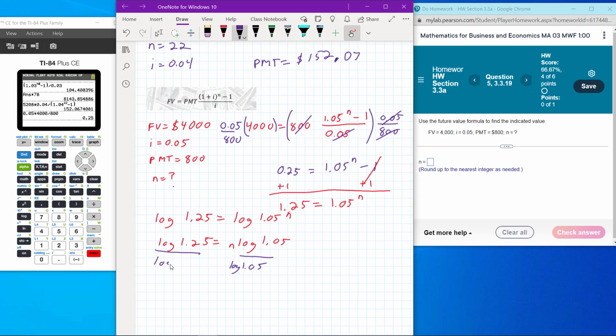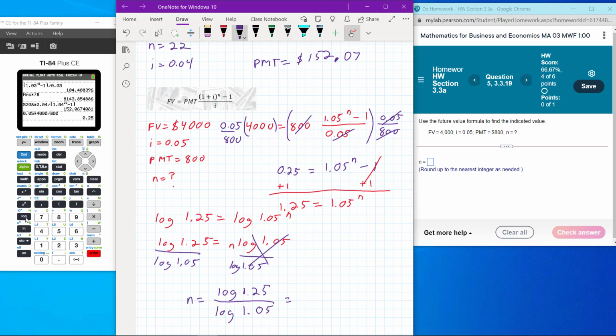These will cancel, and we will be left with that n is equal to the common log of 1.25 divided by the common log of 1.05. And that will be equal to, well, let's find out over here.